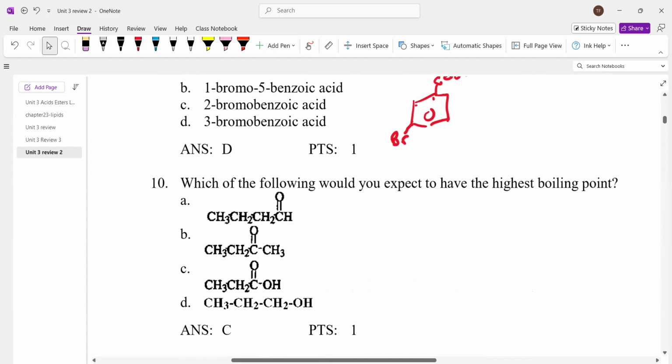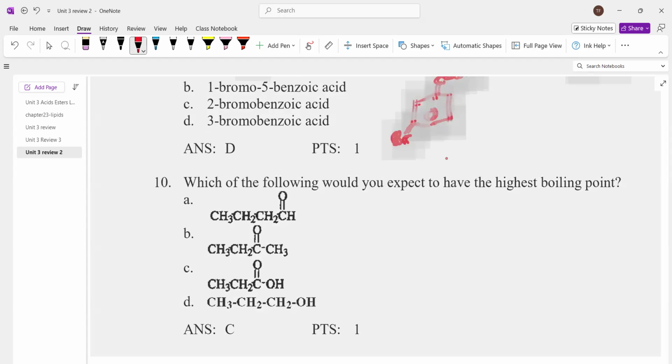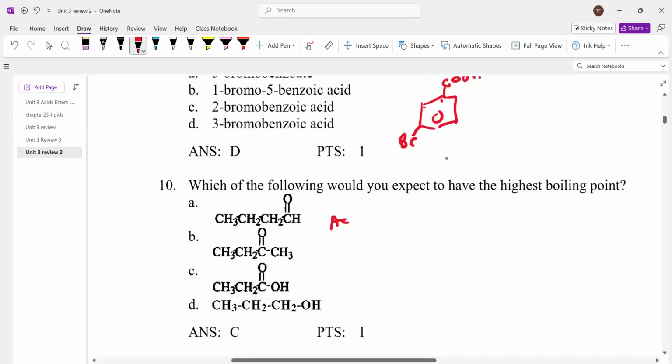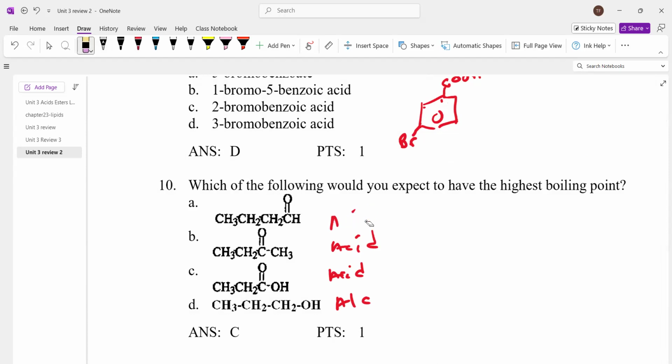Okay, first of all, we have acid, acid, acid, acid, alcohol. Okay, the alcohols are all lower than the corresponding acids. And this is not an acid, it is an aldehyde.